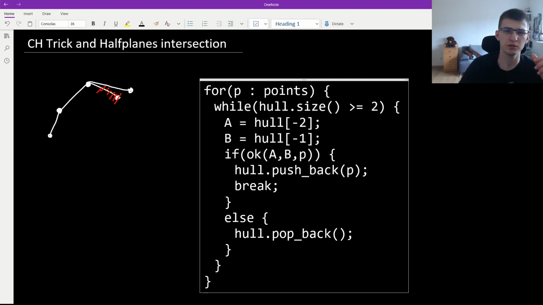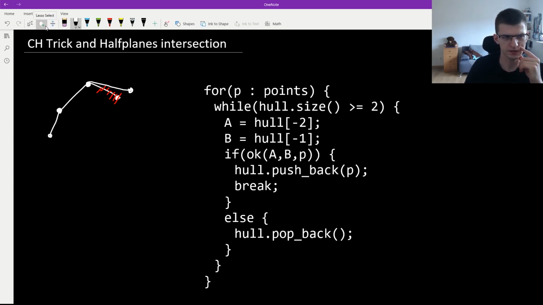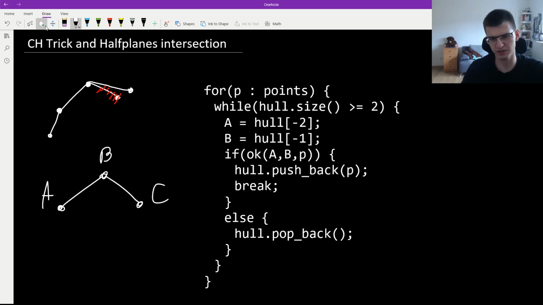And this will compute the upper convex hull. The function ok of 3 points a, b, p checks if they are in good relation to each other. That is a, b, and let's call actually that third point c, because then it's easier.